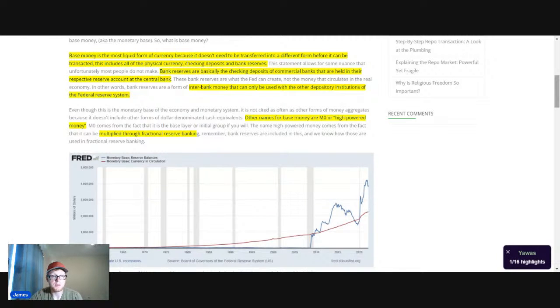The way I think about it, bank reserves are essentially like checking deposits for commercial banks. They're interbank money, right? They can use it between depository institutions of the Federal Reserve System. So Wells Fargo can transfer bank reserves with, say, JP Morgan.